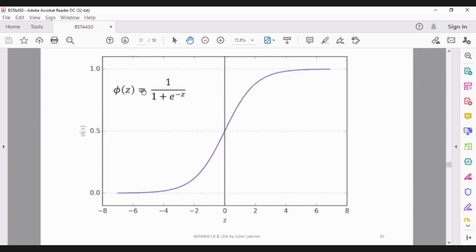This is the response function of the logistic regression. So phi of z, where z is equal to the linear combination of x, is equal to 1 over 1 plus exponential of minus z.